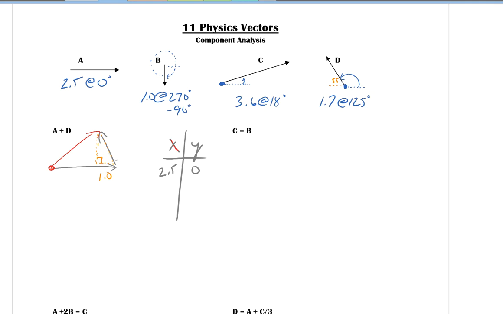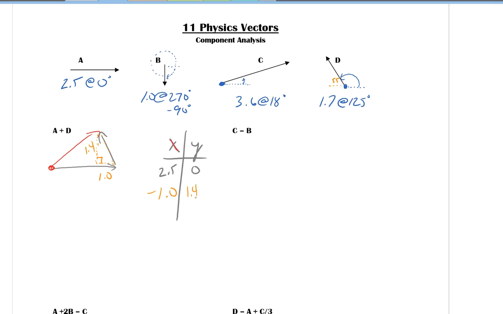And if I do 1.7 sine 55, the little vertical part here is around 1.4. And those are the parts I'm going to use in my little table of values. So my x value is 1.0, but that one's going to the left, so I'm going to make it negative. Okay, y component's 1.4. It's going up, so that's fine the way it is.